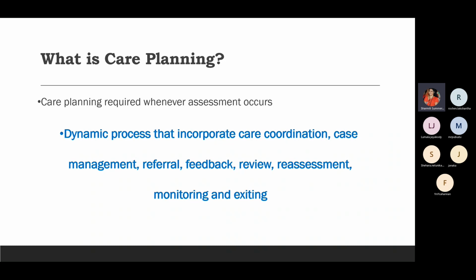It is a dynamic process that incorporates care coordination, case management, referral, feedback, review, reassessment, monitoring, and exiting, right? So this care planning is a dynamic process. It is not a constant thing. Constant thing means if you plan a care in 2020, it cannot be applicable even after 2 days within the same year, right?